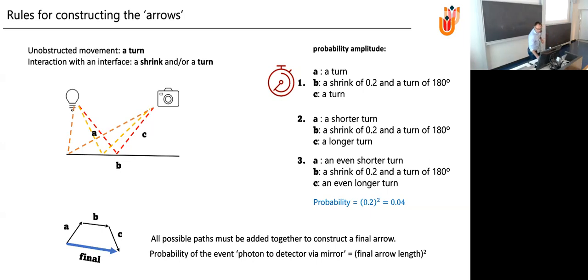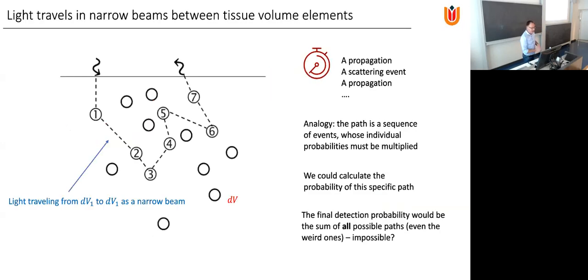The same thing, by analogy, goes for such a trajectory through the tissue. We have a number of processes: the propagation from where the light enters to tissue volume number one, then the scattering event at one, then the propagation to volume number two, and so on.